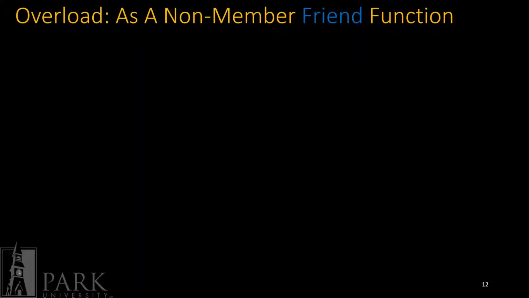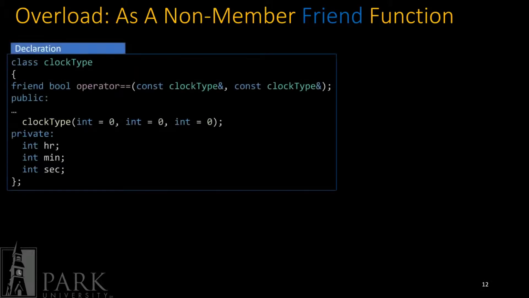You can also overload an operator as a non-member friend function, like this. And the way you do it is to declare inside the class that I have a friend function. And you can see here that it has a friend modifier. Being a non-member, and remember that a friend is not a member, public and private modifiers don't apply.